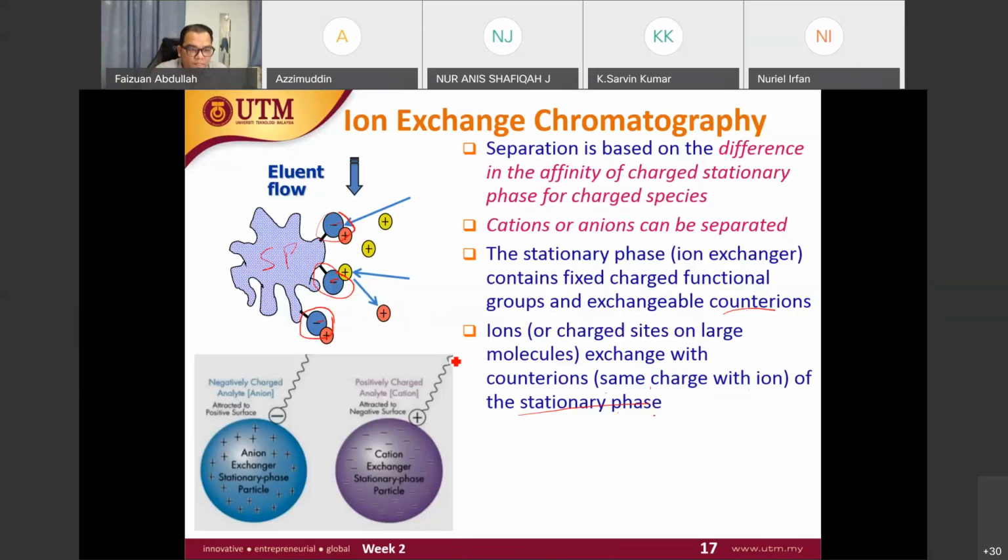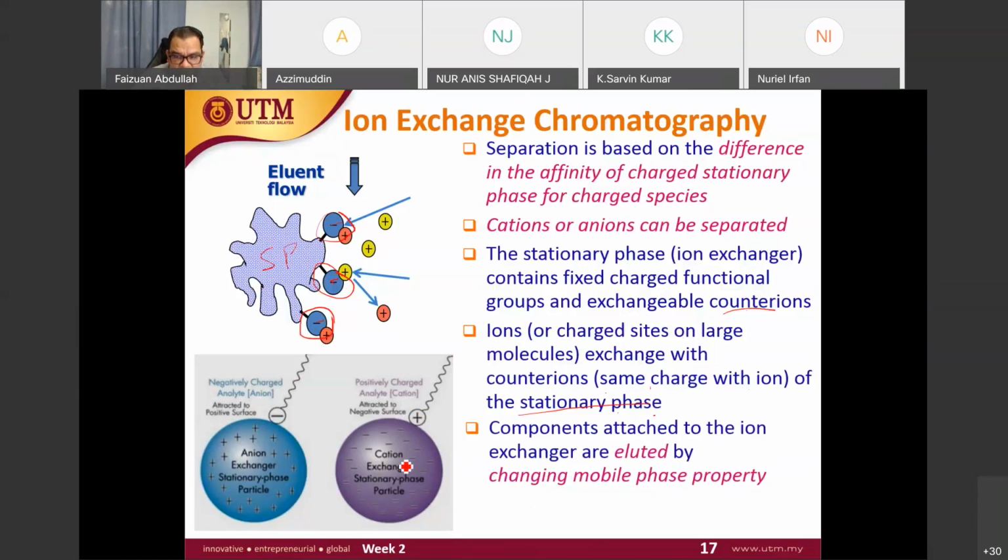Negatively charged analyte, anion, is attracted to the positive surface. Positively charged analyte, or cation, is attracted to the negative surface. So this is the basis of ion exchange chromatography.